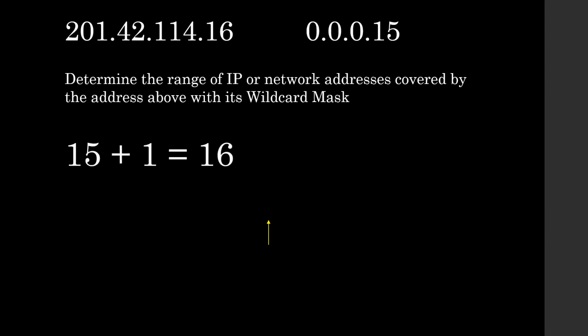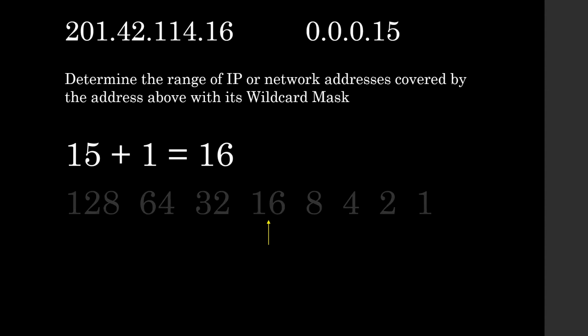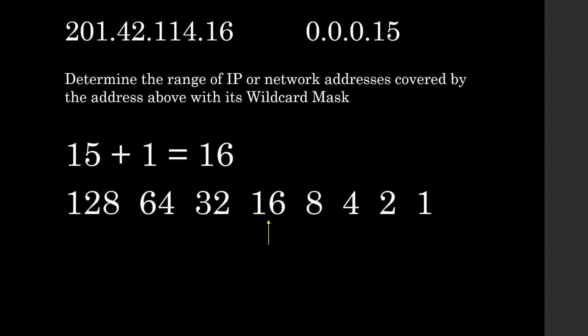Since the wildcard mask is 15, we add 1, which gives us 16. So we have a new subnet mask of 28. Since there are 3 zeros from the wildcard mask, we add 3 eights.